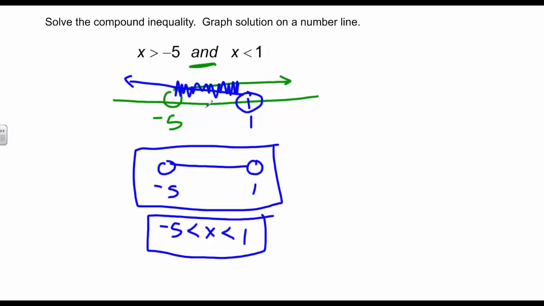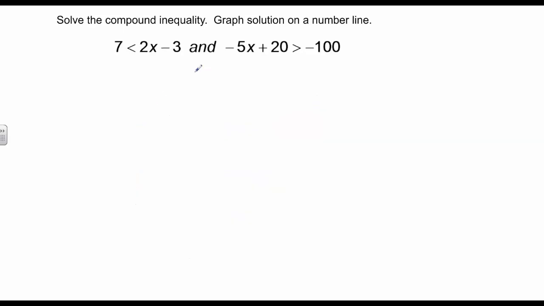So in this next problem, we also have an AND operator, and the difference between this problem and the other problem is the two inequalities are not solved. So let's go ahead and do that. Add 3 to both sides. End up with 10 is less than 2x. Divide by 2 to both sides. x is greater than 5.